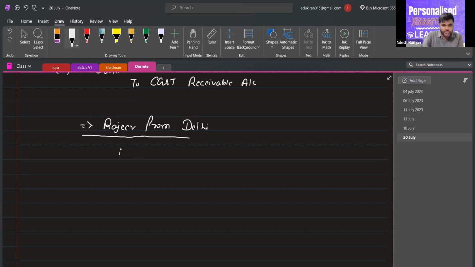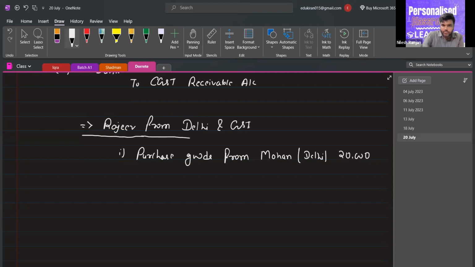The first transaction is purchased goods from Mohan, Delhi, 20,000. And GST applicable is 12%.